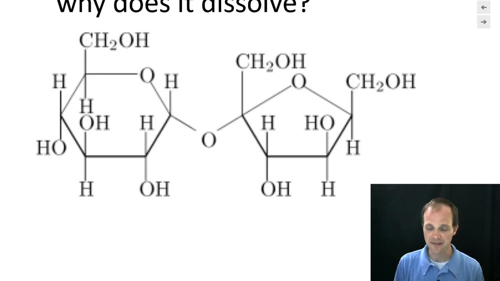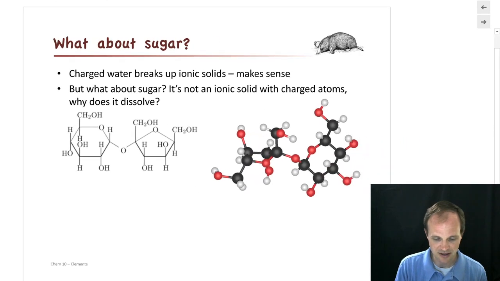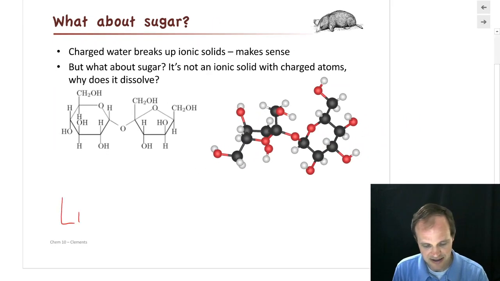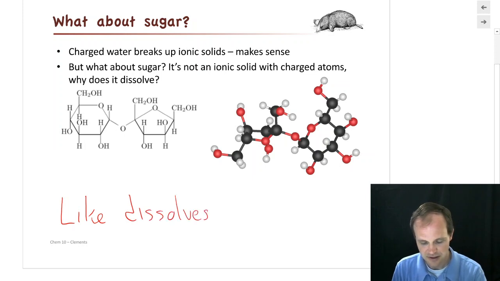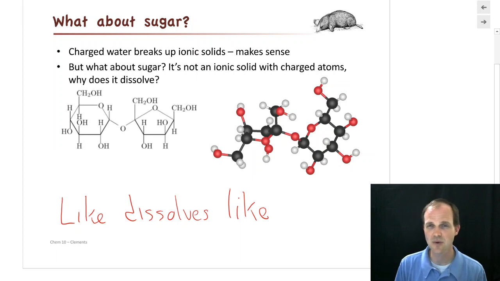Well, the general principle we're going to use here is a chemical principle that says like dissolves like. That if you want to dissolve something, if you want to attract something, the best way to attract it is by attracting something that's very similar to it chemically.